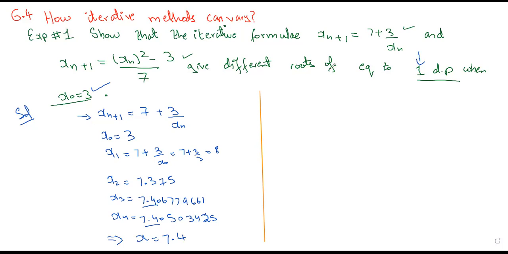Okay. Now let's just do it for this as well. Let's use x(n+1) as xn square minus 3 by 7. So I want you to do it and tell me the final root which you are getting, okay? I give you 3 to 4 minutes, just do it and let me know if you're able to.